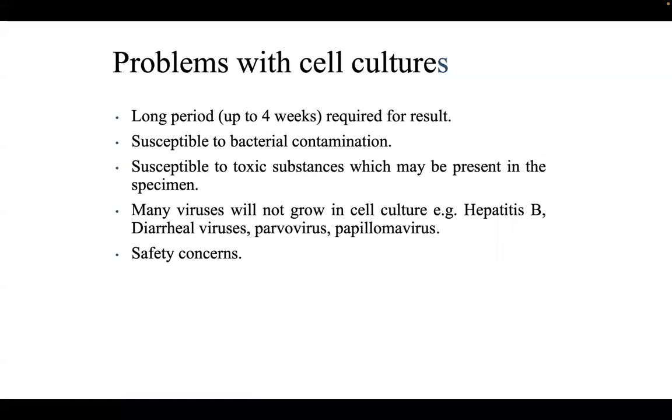And they're susceptible to bacterial contamination that can inhibit or cause problems for viral growth, and susceptible to toxic substances that may be present. If any toxic substance that can inhibit viral growth is present in the specimen, the virus will not grow. And many viruses will not grow in cell cultures. As I said before, viruses like hepatitis B and HPV will not grow.